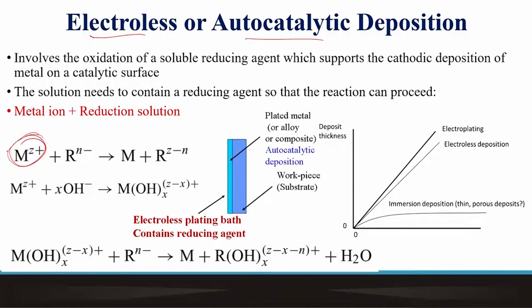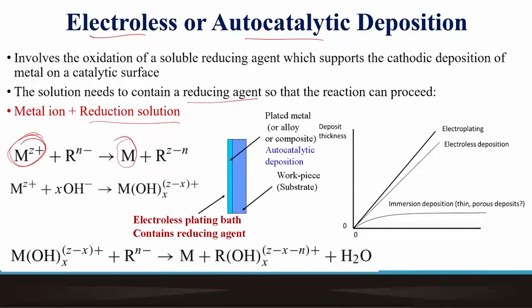Here we are not talking about particles, neutral particles. Here we are talking about actually ions. So the ions are dispersed in some reduction solution, and so when the ions actually are in contact with a reducing agent, then the reduction reaction takes place.